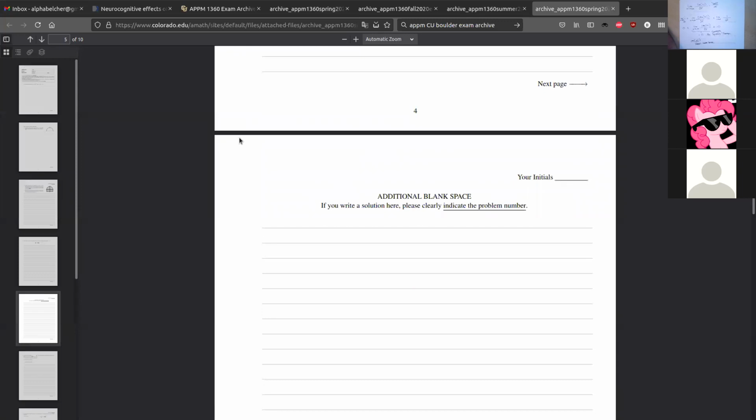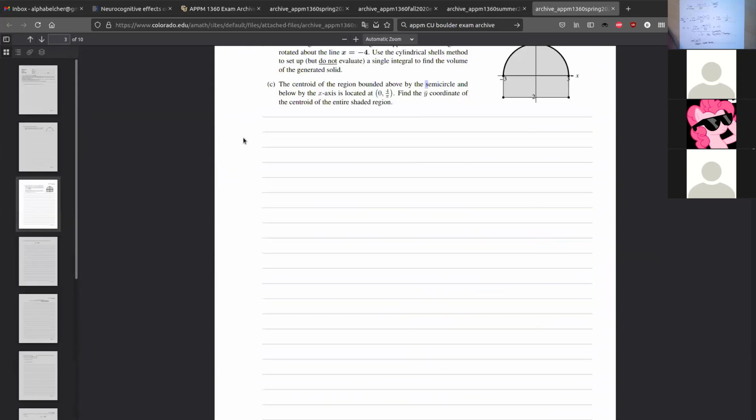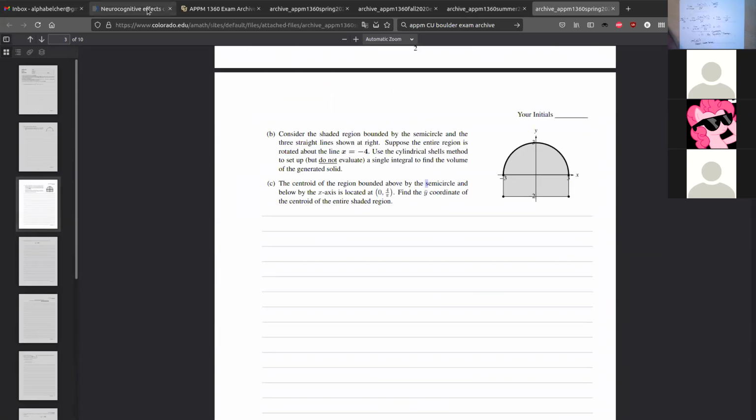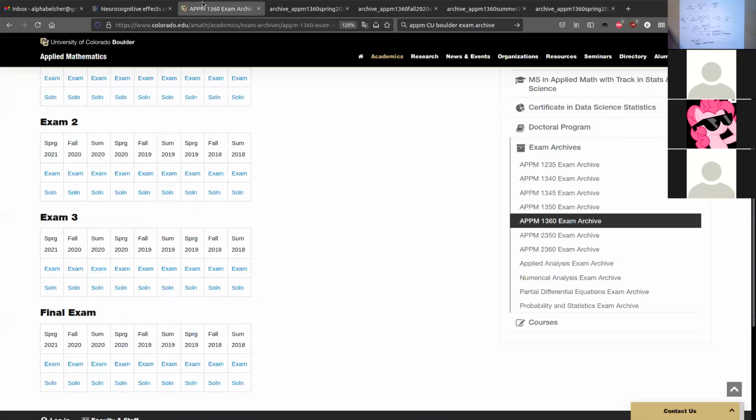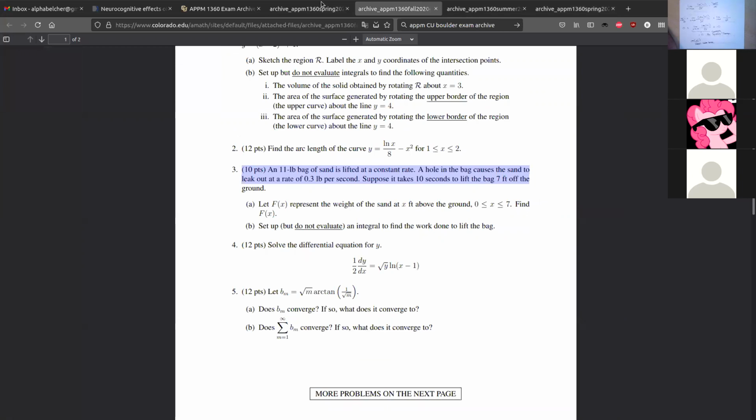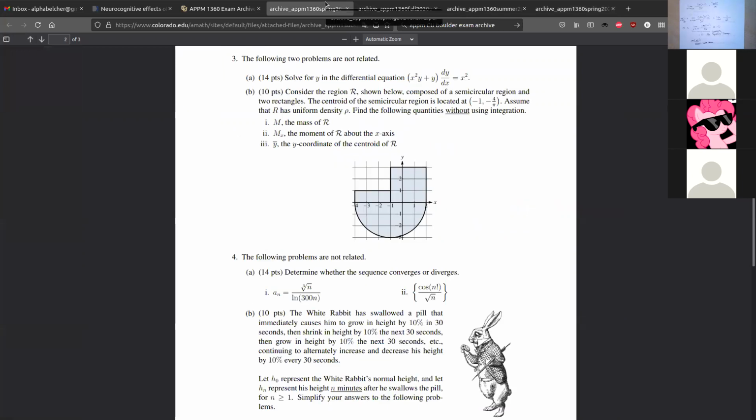Which ones do you guys want to do? Center of mass.